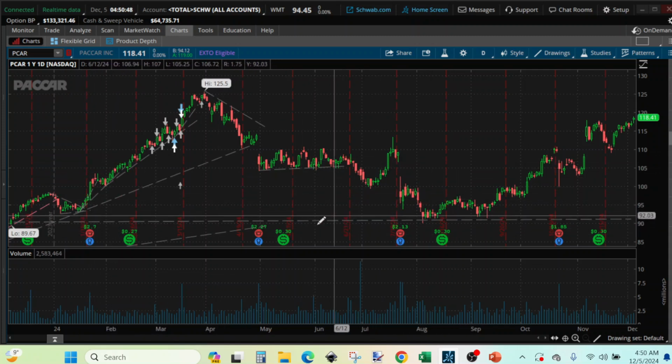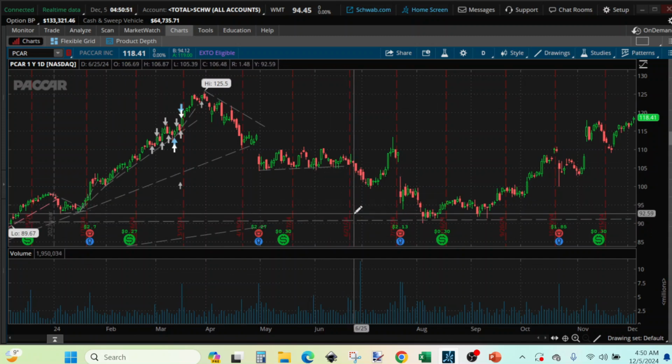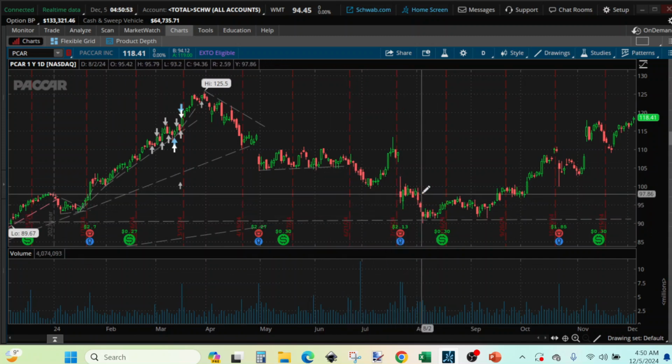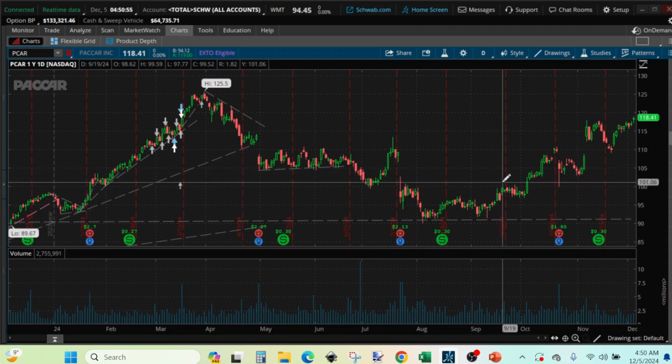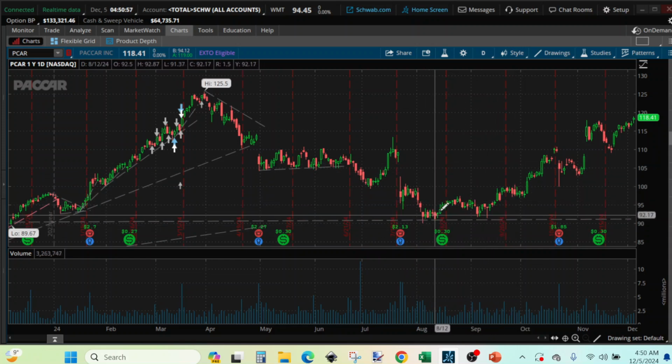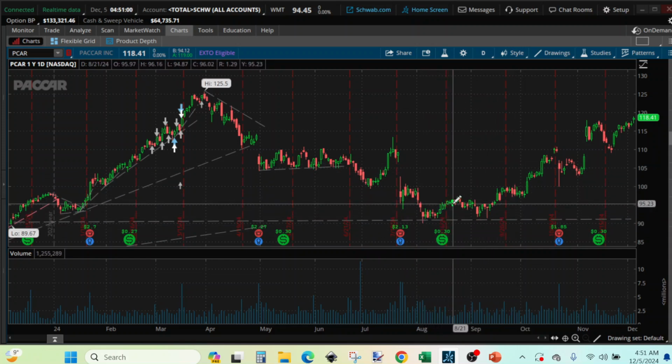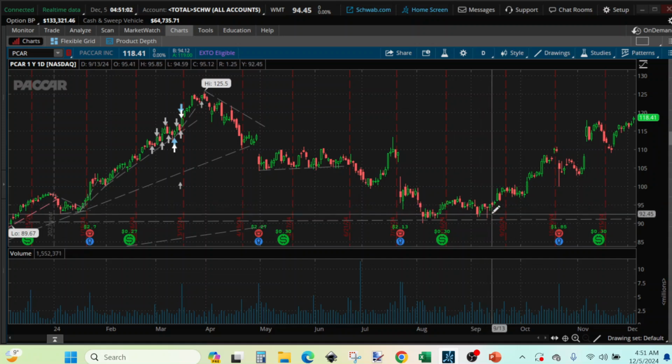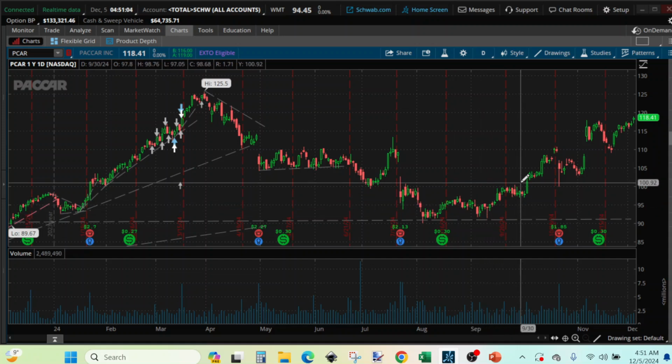Use it as a trend line where when they pull back to that line and start going up, I can buy it. But you can see that it reached that trend line, started going up, but then came back and reached it again before actually taking off.